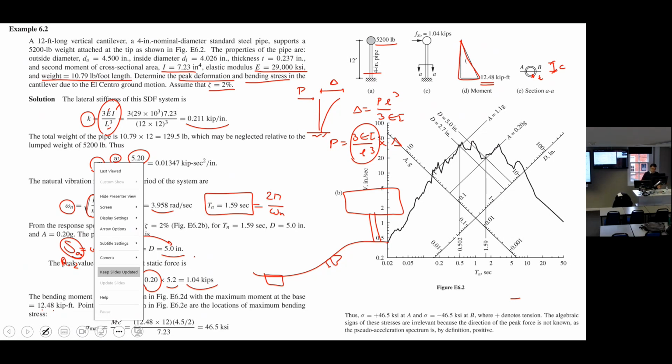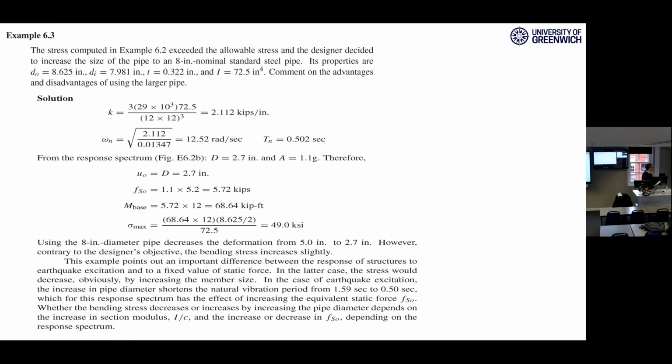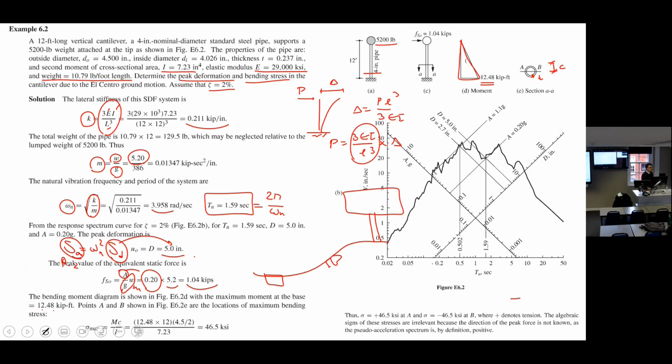Don't be proud of your answer, because it's going to be spoiled in a few seconds. We repeat the whole process with a really bigger section. This is the thickness, this is the I. It's 72, the previous one was 7, ten times more.